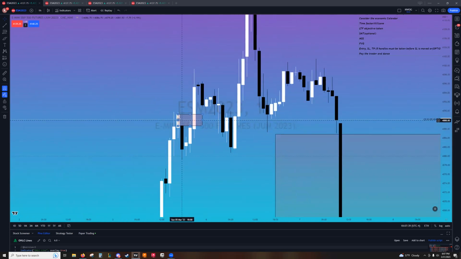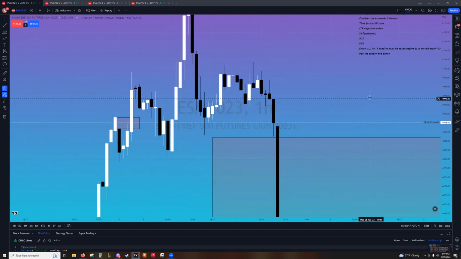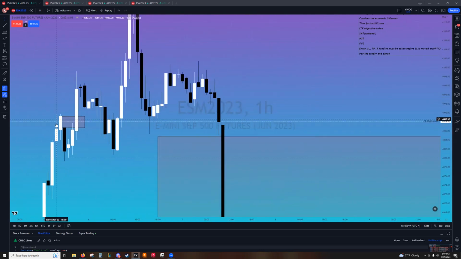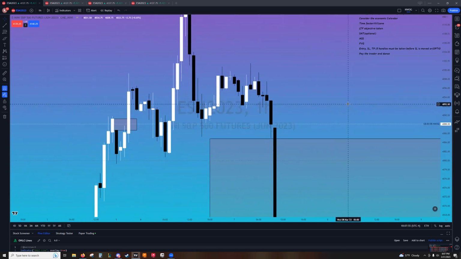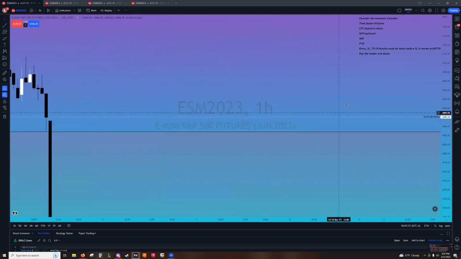It's easier to see on the lower time frame, but I see what you mean. You can look at the open, high, low, close for these two candles, and it just makes it easier. I just wanted to see the visual gap between them. Mhm.